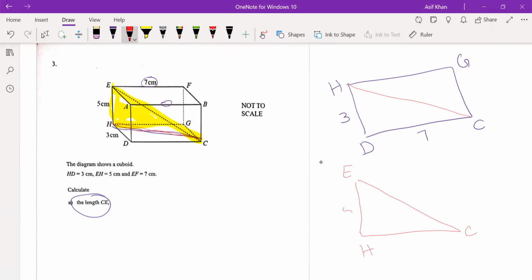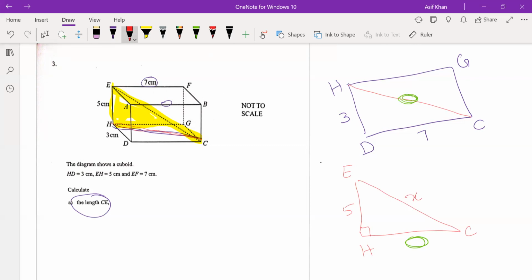E to H is 5, and H to C, which you have calculated, you will put here. And then with the help of these two, what is being asked? The length CE. This length CE I call X.